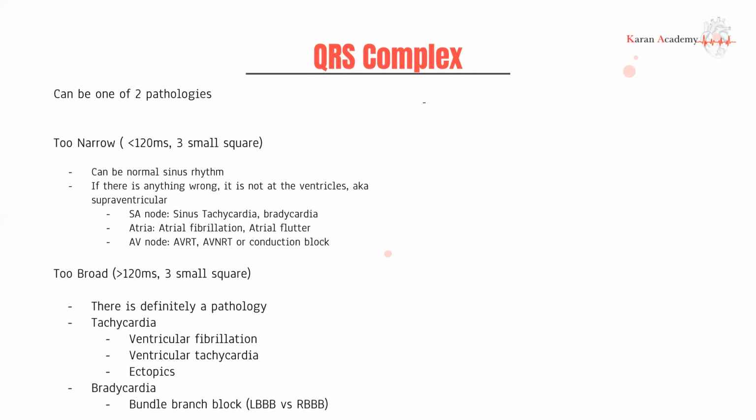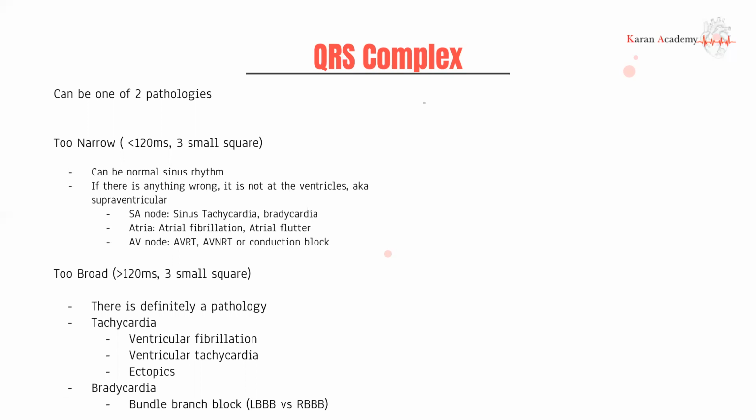However, if this is abnormal or present in some pathological case, the issue is not at the level of the ventricles. The issue is supraventricular. And this can be in the form of SA nodal issues, issues at the atria, issues at the AV node, reentry tachycardias, AVRT, AVNRT, but that is future use problem in 2 days when you look at the other lecture.